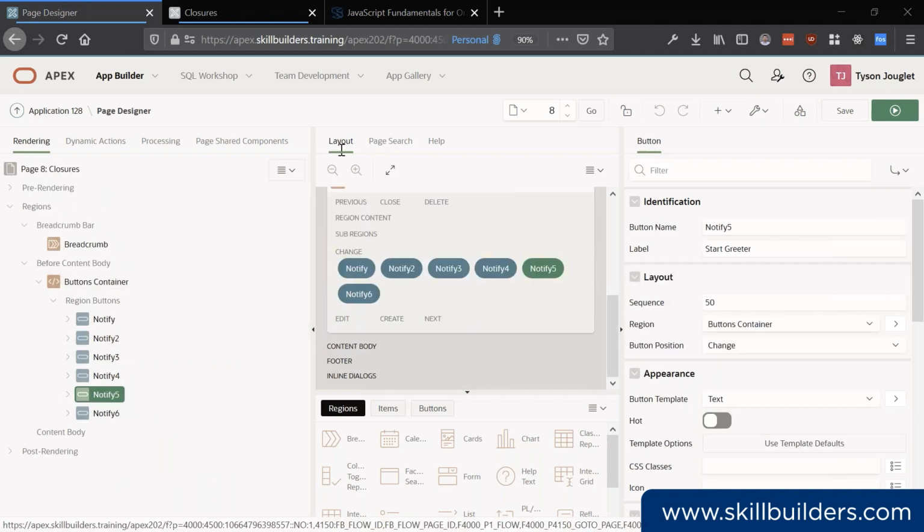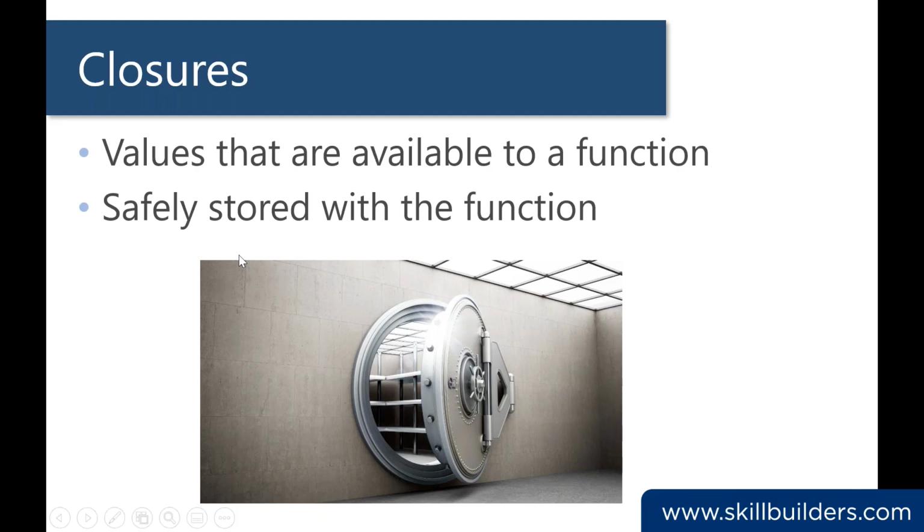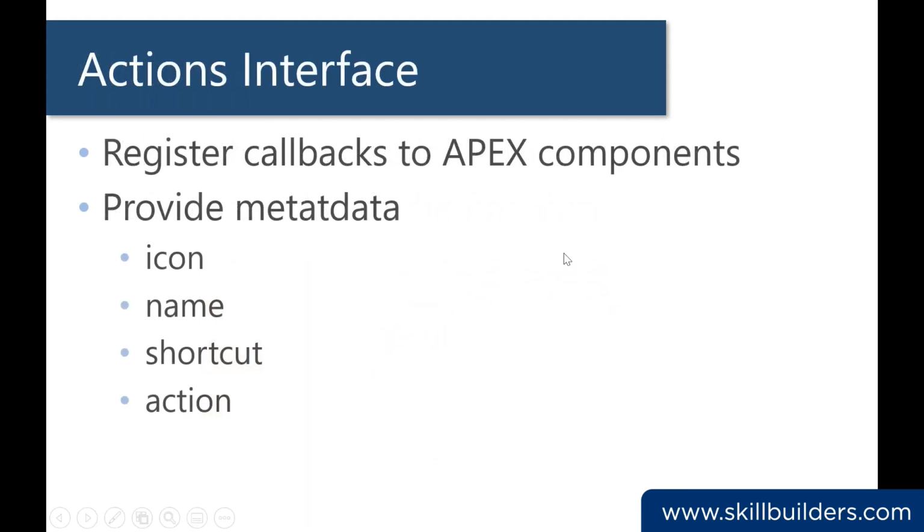The next thing that I want to talk about is the actions interface. And actions are essentially a vehicle for us to register callbacks to Apex components. And what's interesting about this is we can provide some metadata that allows us to normalize different pieces of information about those actions.